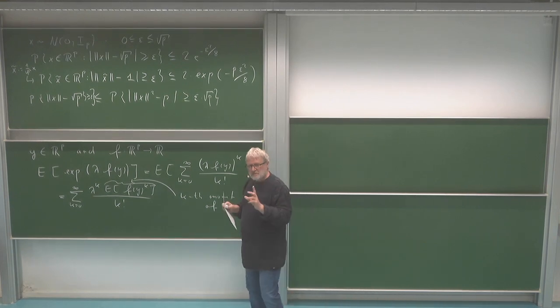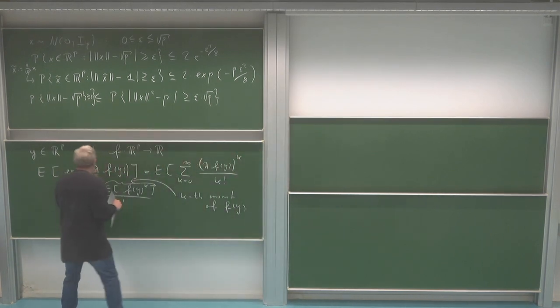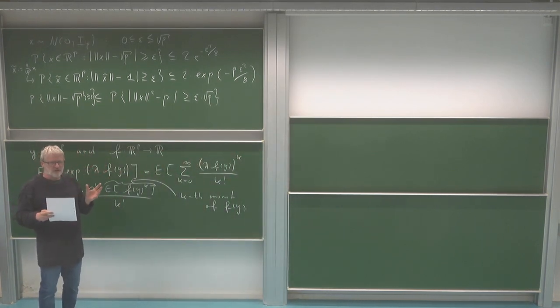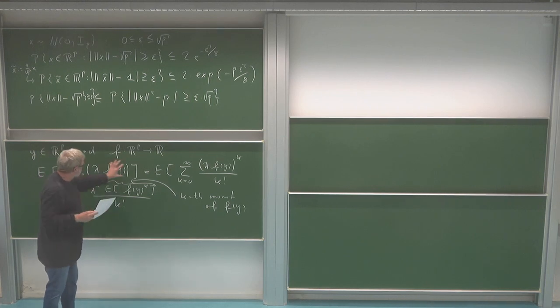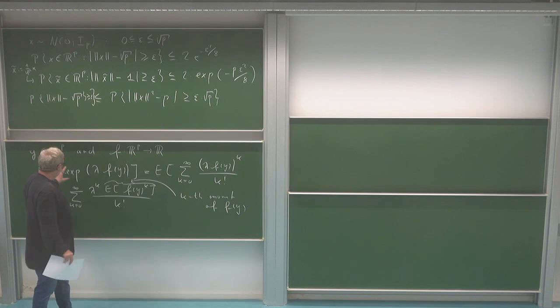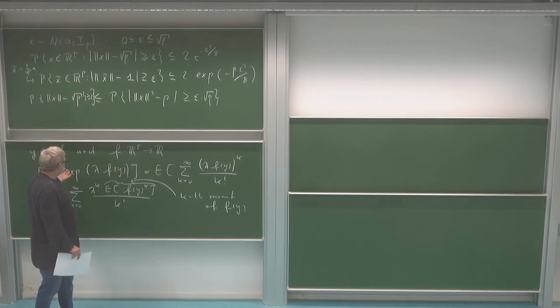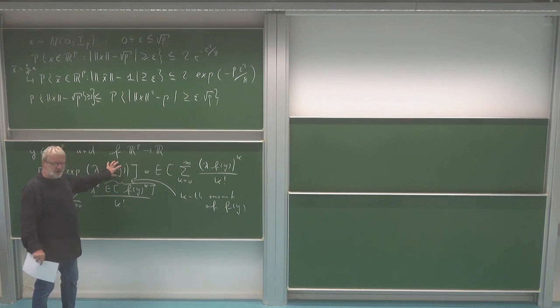And of course in Markov, I need a positive function. But the exponential of anything is also positive. So this function is a good function for which I can apply the Markov inequality, because this is a positive function. But of course I'm not really interested in this function, but in f of y.